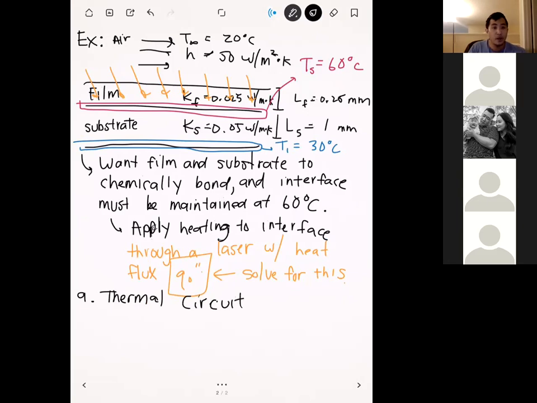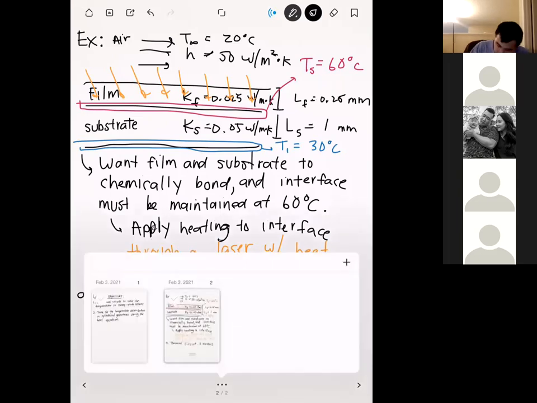So let's go ahead and draw this. We have two solids here, the substrate and the film, and then we have the air that's on top. That's going to give us 3 resistors.